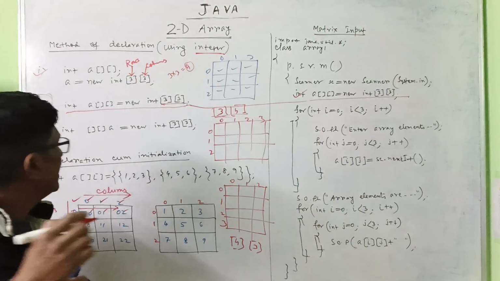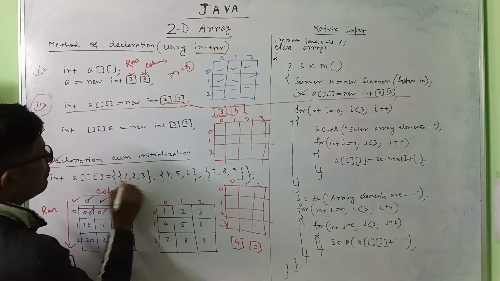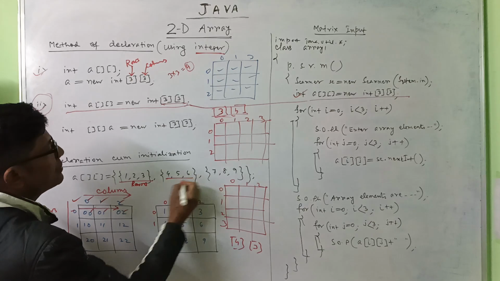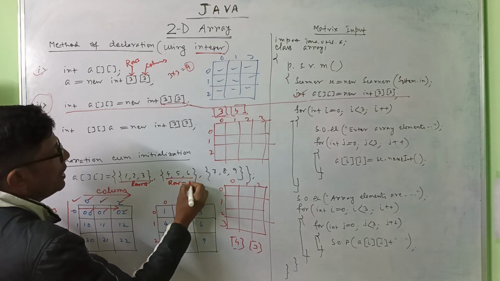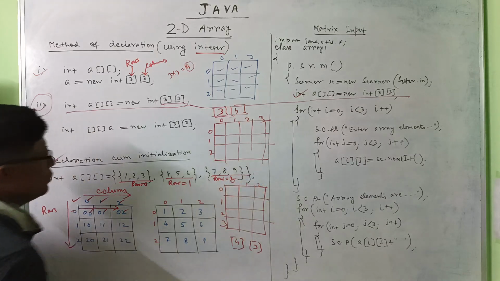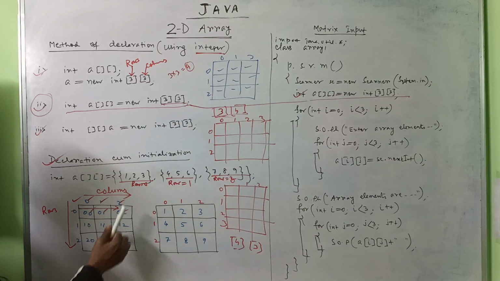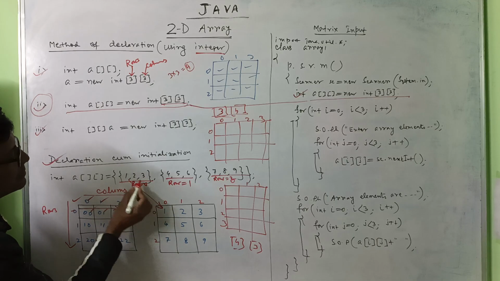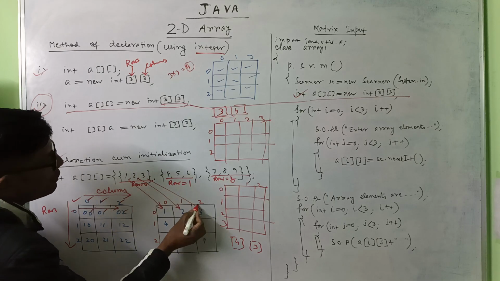This is the direct method, means this is for the first row, row equal to 0, this is row equal to 1, this is row equal to 2. You see that row, this 1 2 3, this 1 is here, this is 2, this is 3.